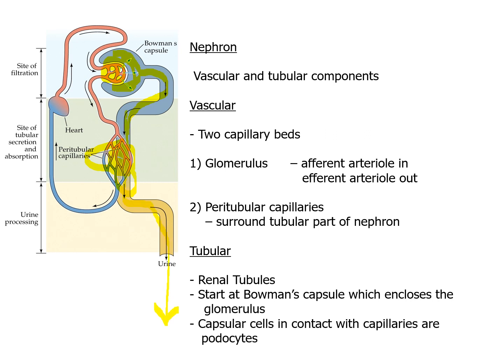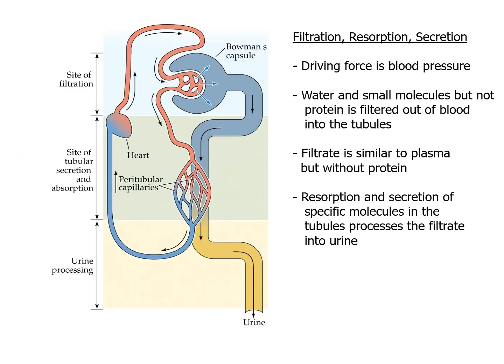But it takes quite a bit of processing before that initial product of filtration becomes urine. And that processing involves reabsorption and secretion. So those are the 3 processes: filtration, reabsorption, secretion.